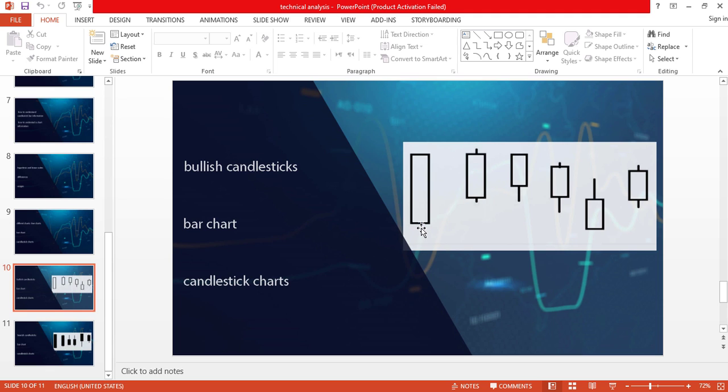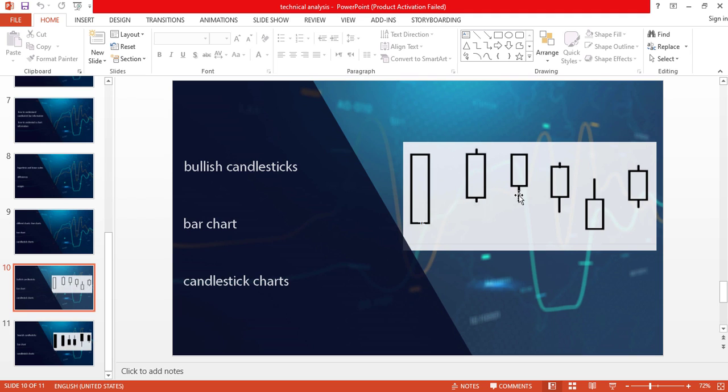Another candle, this is the most powerful. After that, this candle has a good power. After that, we have another candle that we have a body here. In the body, we can see the prices has increased, and it has a big body.